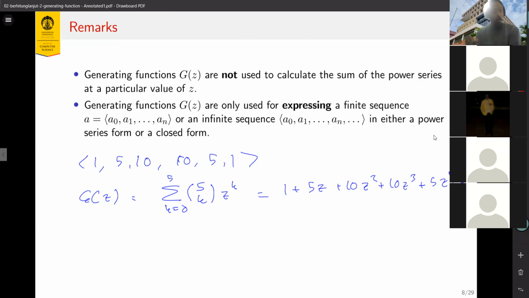Now, as we saw in this theorem, the closed form will be (1 plus z) to the 5.